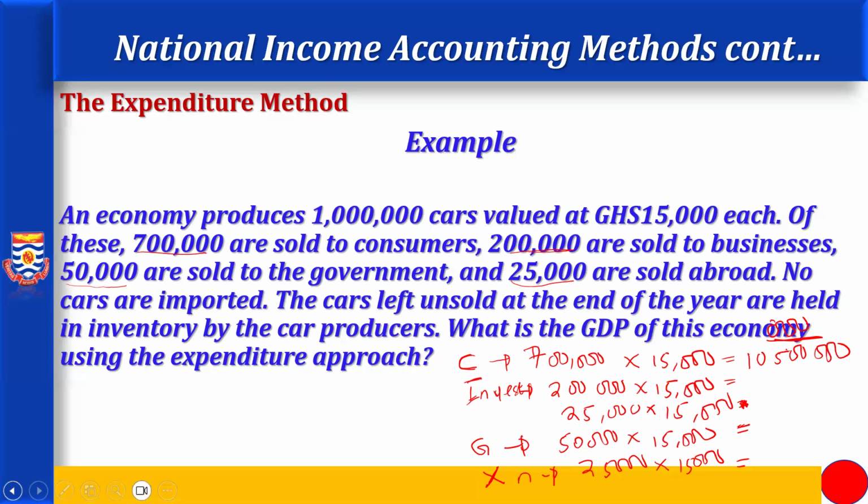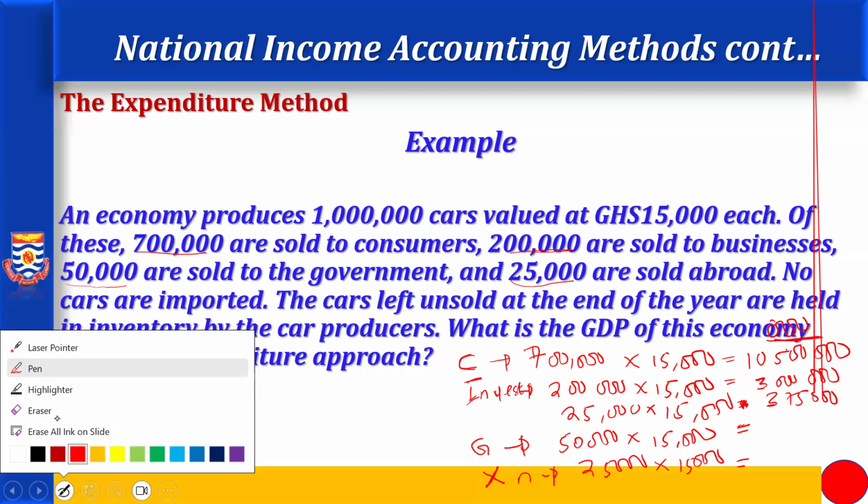Then the next one is 200,000 times 15,000. That is 3 million. Then 25,000 times 15,000, that's 375,000.